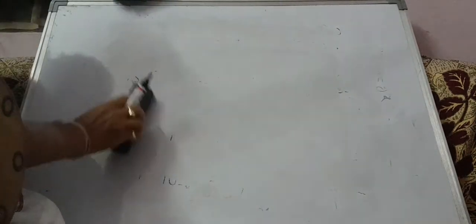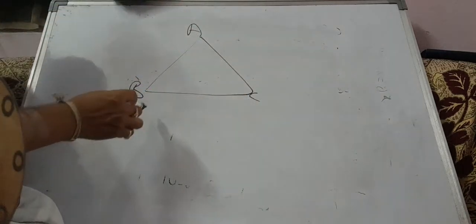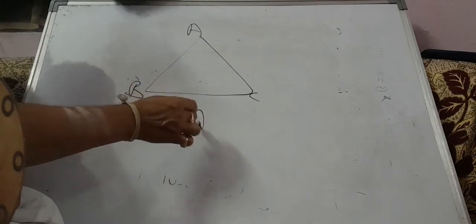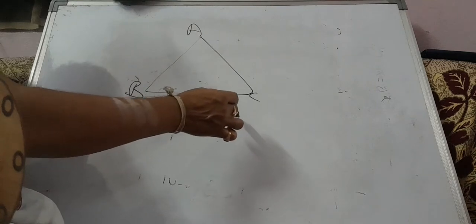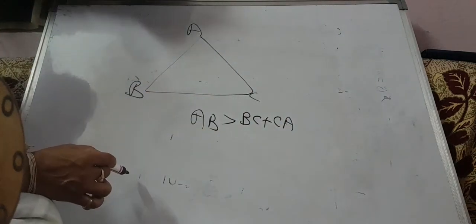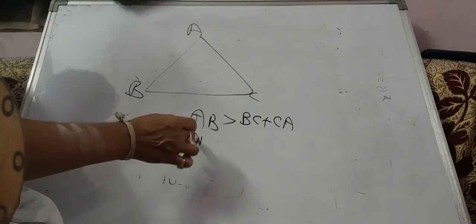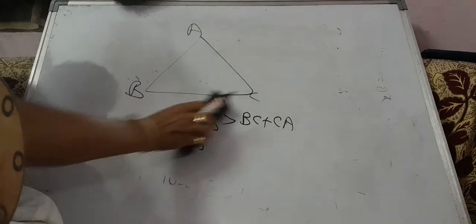Now here if you see ABC, you take any one side. AB is greater than... sorry.